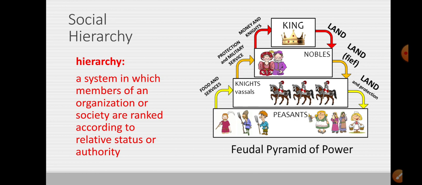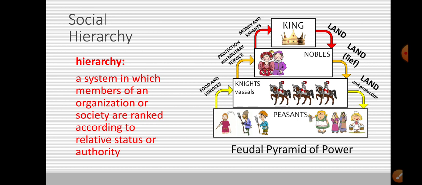Okay, so if you take a look at this feudal pyramid of power in the Middle Ages, feudal, we will be talking about this expression a little bit further on. So you can see this pyramid on the top, that's the king. And if you follow the red arrow, the king gives land to the nobles. You follow the other arrow, the nobles give land, or with another term, fief.